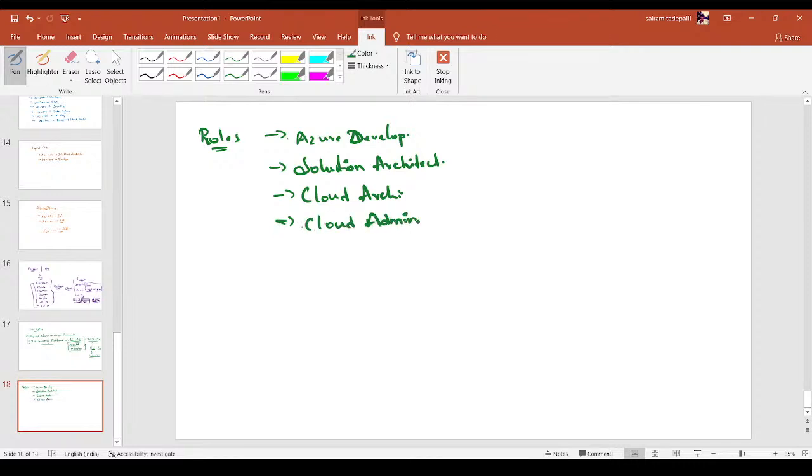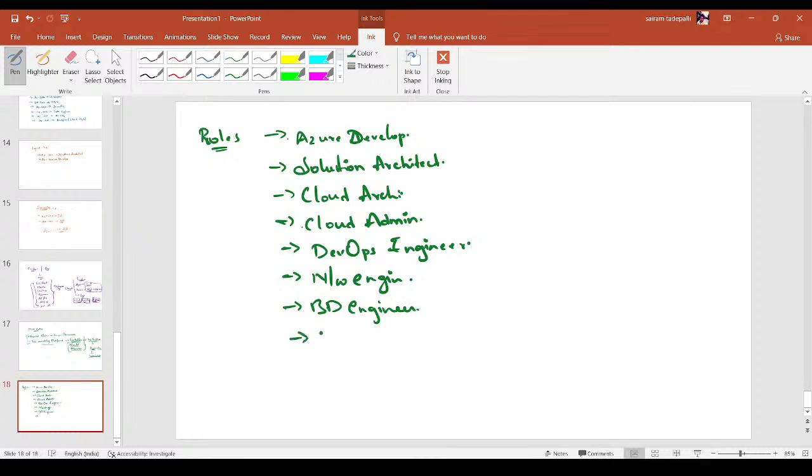The admin part is very easy. DevOps engineer, which is one of the highest paid jobs, network engineer, big data engineer, and data scientist. We should not forget this one, data scientist. These are the different roles.